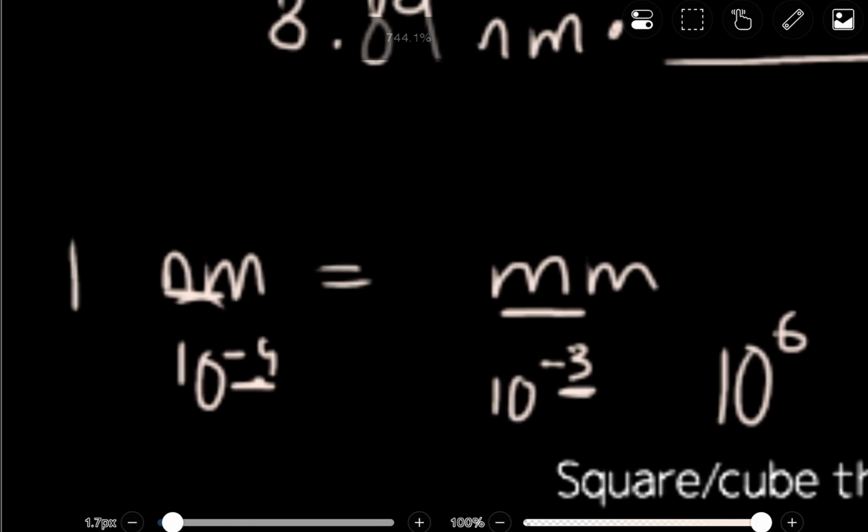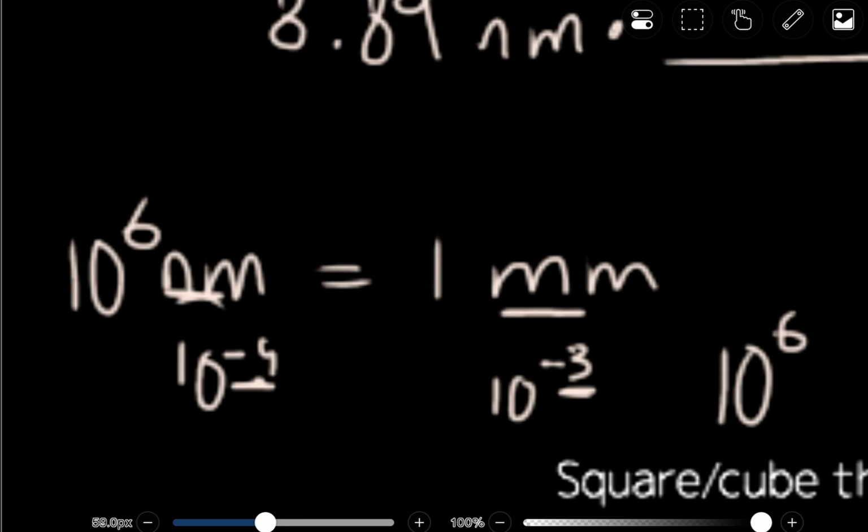So since millimeter is larger, we know that 10 to the power of 6 nanometers equate to 1 millimeter. You can also say 10 to the negative 6 millimeters equates to 1 nanometer. That is also fine.